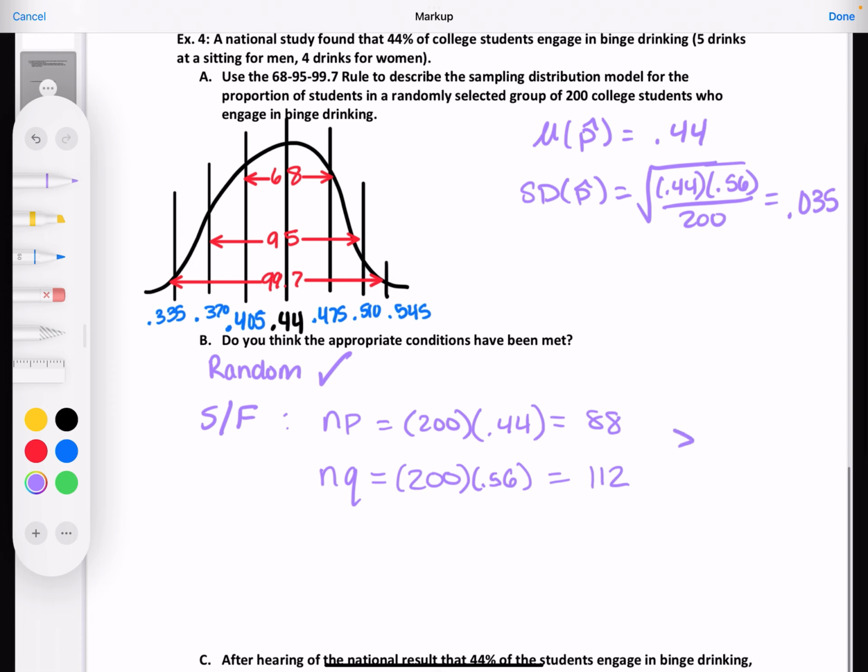All right, and both of those are greater than or equal to 10. So check. Random. And then the other thing was the 10% condition. 200 students is less than or equal to 10% of all college students.